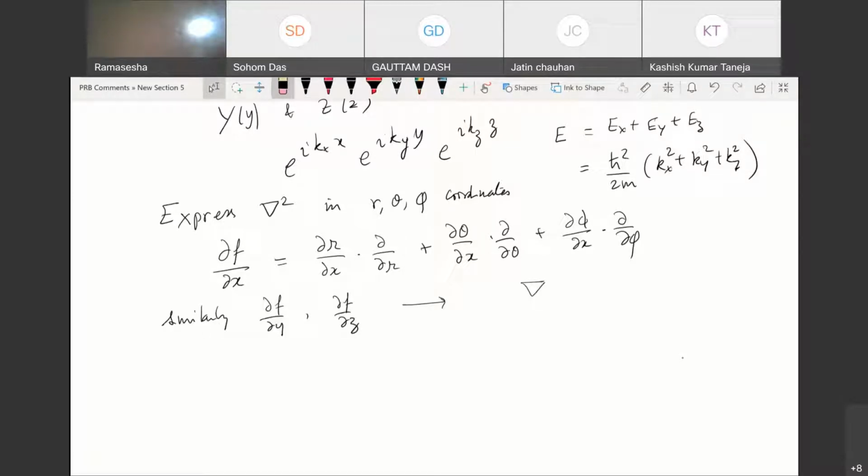Okay. So in order to get that, what I have is the following: z is equal to r cos theta. So if I want to know what is theta, cos theta is equal to z divided by r.